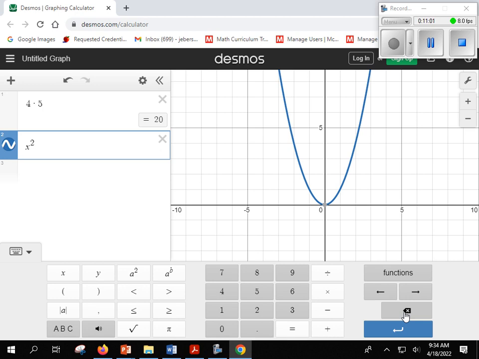Notice, if I just type in x squared, what would it graph? A parabola. So if you type in any equation in here, it's going to graph it for you. For a circle though, we want x squared plus y squared.